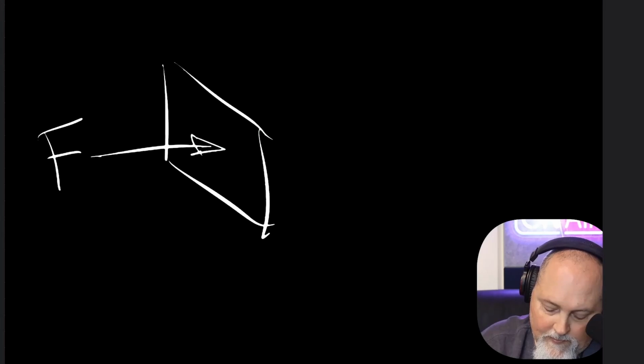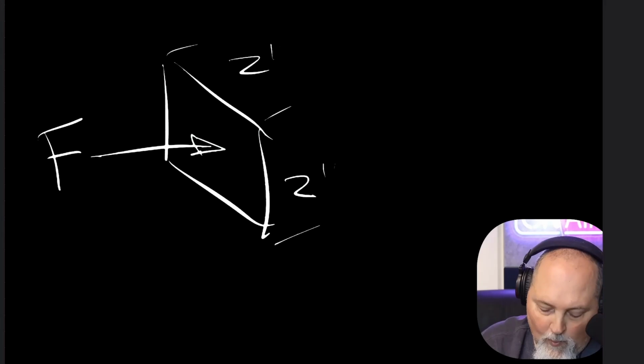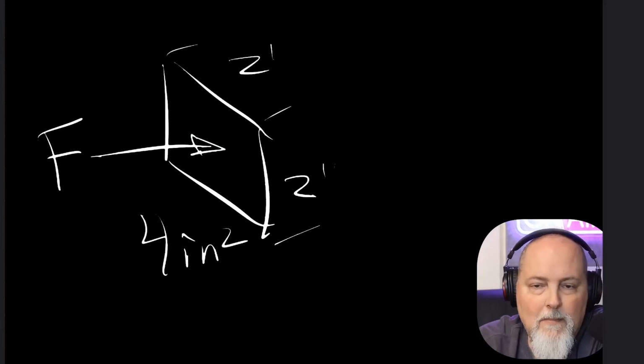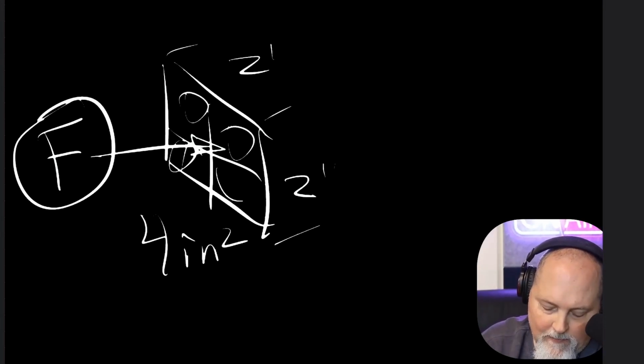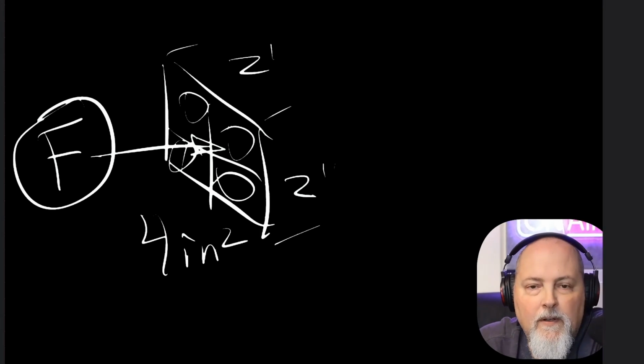If I have a surface and I apply a force to that surface, and this surface is 2 inches by 2 inches, so 4 inches squared, stress is force per unit area, every inch squared. Strain is the deformation relative to the original dimension.